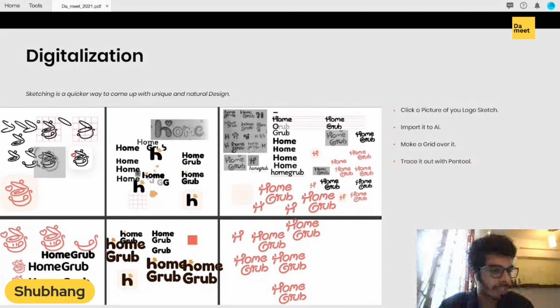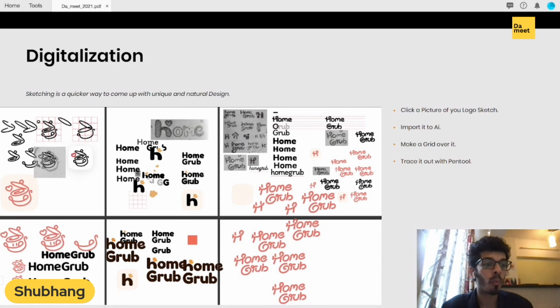To put it in a nutshell, vector graphics do not pixelate. Even if you stretch it, even if you scale it however much, they would never pixelate. And raster graphics would pixelate. So that is just an easy way to differentiate both of them.